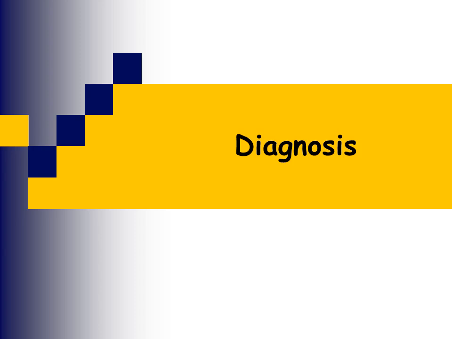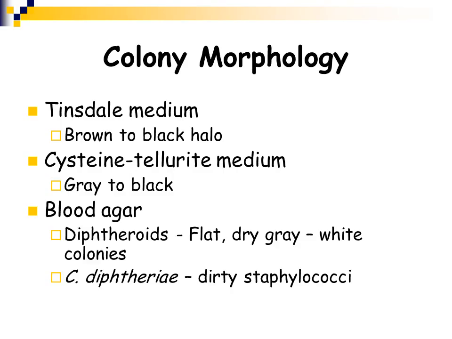Now we're going to talk about the diagnosis of your Corynebacterium. On Tinsdale media, which is a special type of media that can be used specifically for Corynebacterium, the organism will be a brown to black in color and may tinge the media a brownish black, so it looks like it has a halo around the organism.